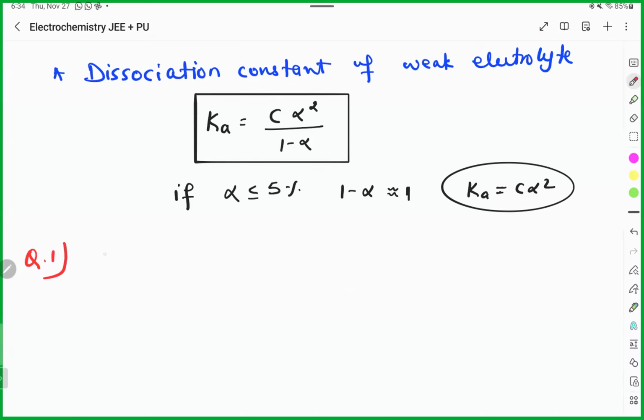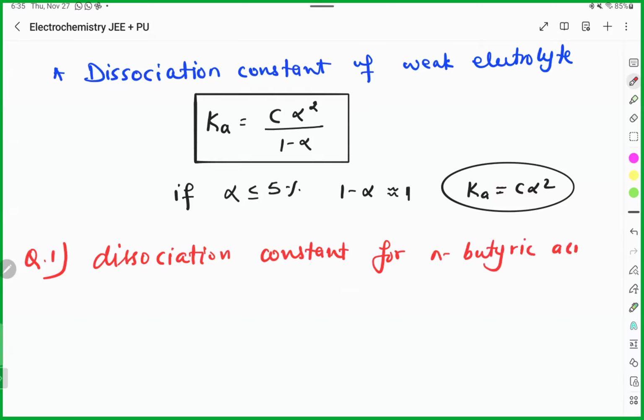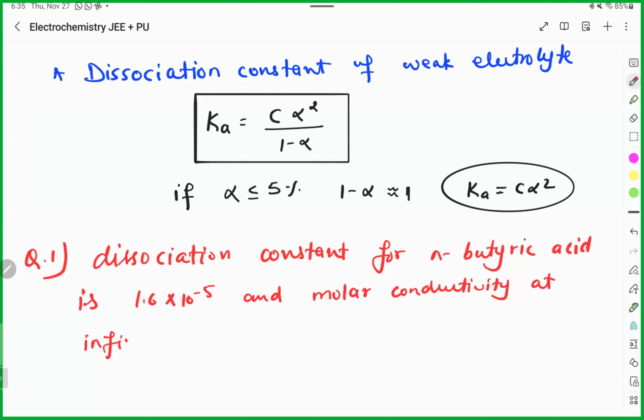Dissociation constant for N-butyric acid is 1.6 into 10 raised to power minus 5, and the molar conductivity at infinite dilution is 380 into 10 raised to power minus 4 Siemens meter square per mole.